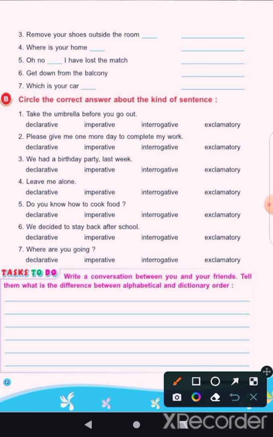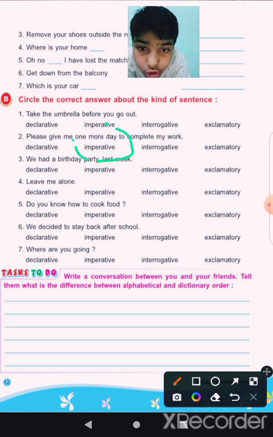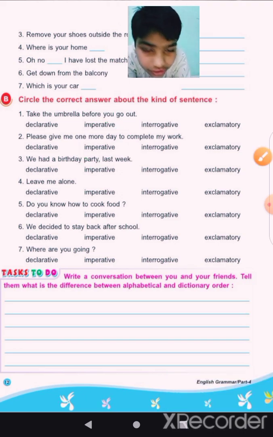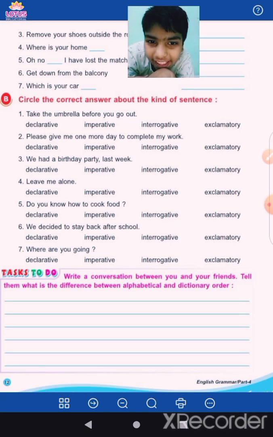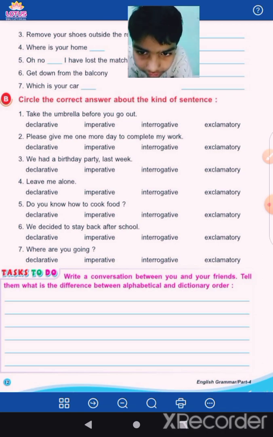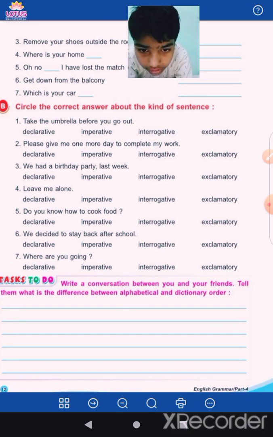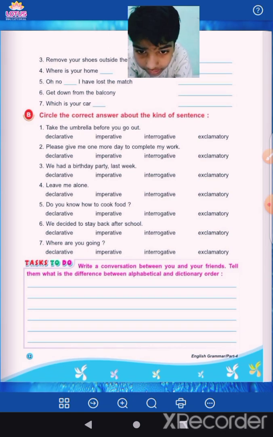It is asking us for permission, so it's imperative. Oh, sorry, request. We had a perfect party last week. Yay, hooray, it's declarative. Leave me alone. It's imperative. Do you know, it ends in a question mark, so it will be interrogative. We decided to stay back after school. Declarative. And where are you going? Interrogative.